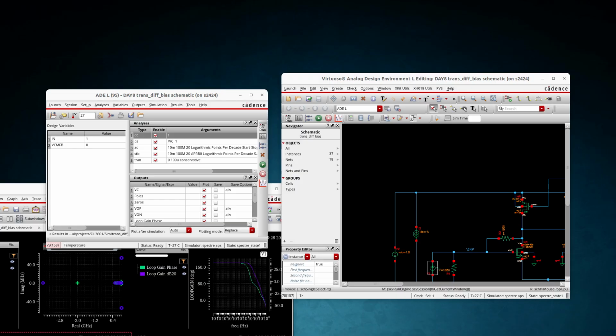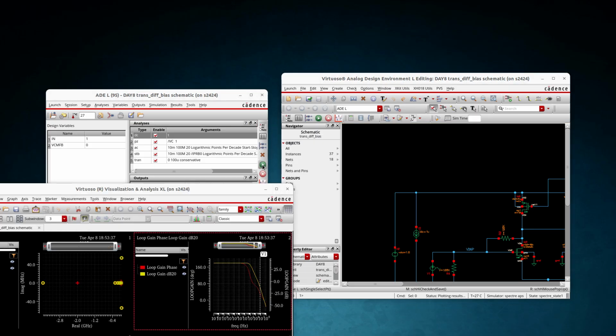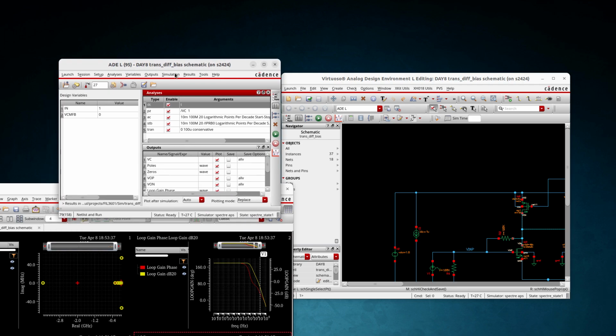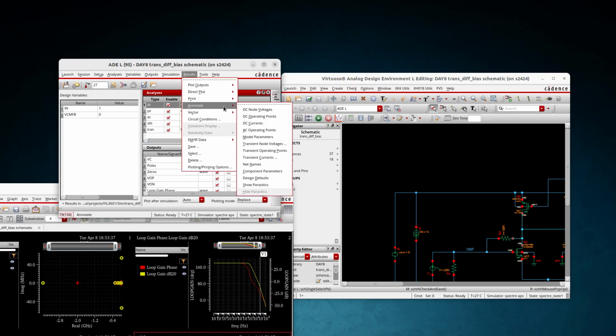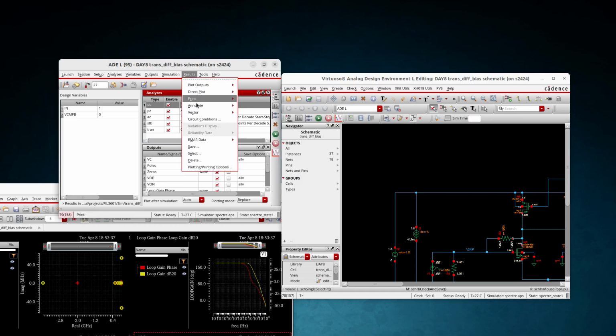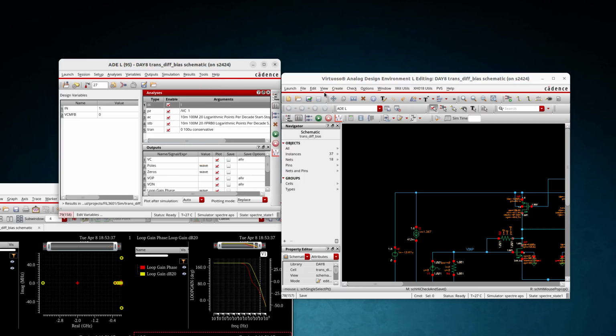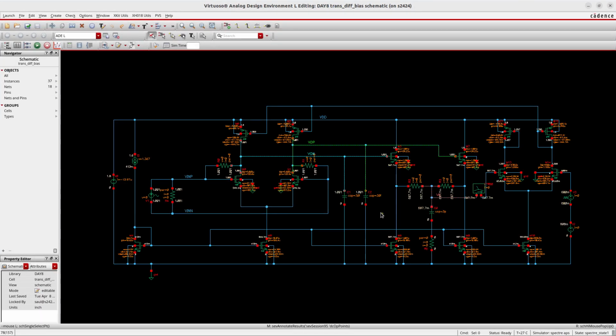Same DC operating point. Okay, now let's see the results. Annotate. Now it's working. DC operating point. Annotate. Okay, so we have that.